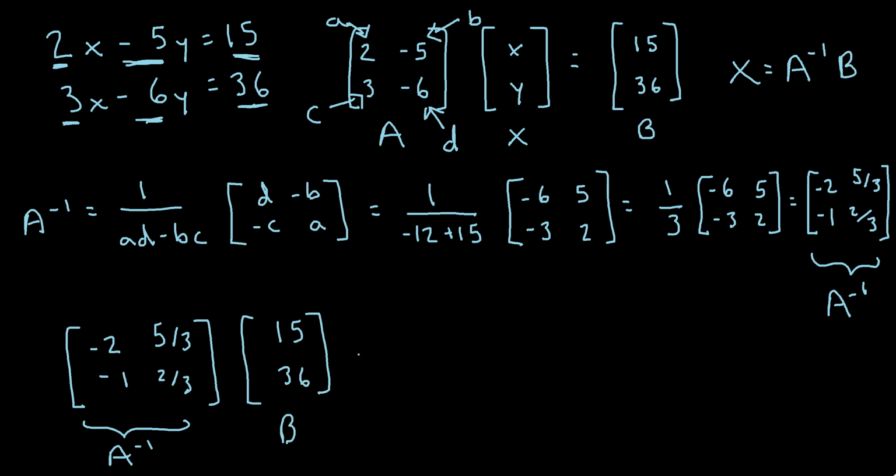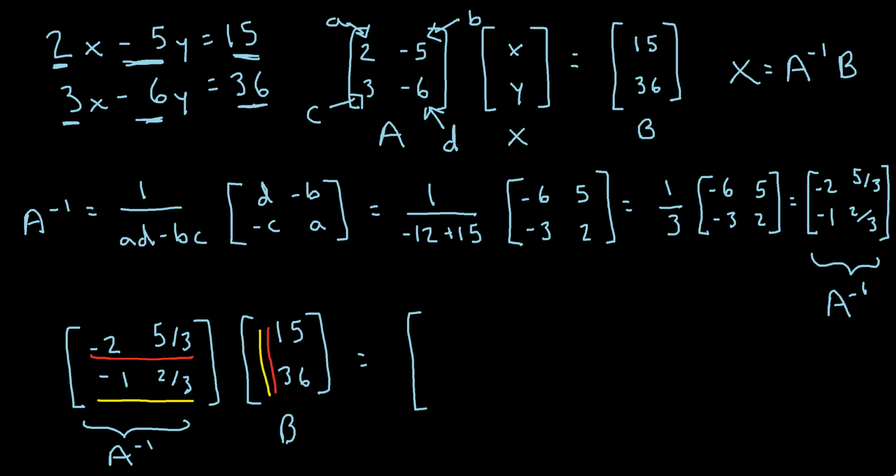The way that we multiply a 2 by 2 matrix, the matrix that has 2 rows and 2 columns, with a matrix that has 2 rows and 1 column, is we first multiply the values in the first row of A with each value in the column of B, and then we multiply each of the values in the second row with each of the values in the column of B. So let's do that.